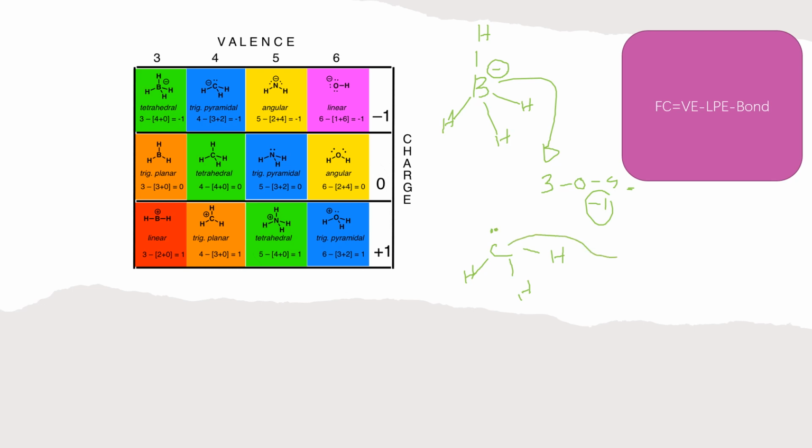Carbon is group 4 on the periodic table, therefore it provides 4 valence electrons, and the number of lone pair electrons there are 2 of them, and how many bonds? 3 of them. Therefore it is -1. So therefore it has -1 polarity. And we move further.